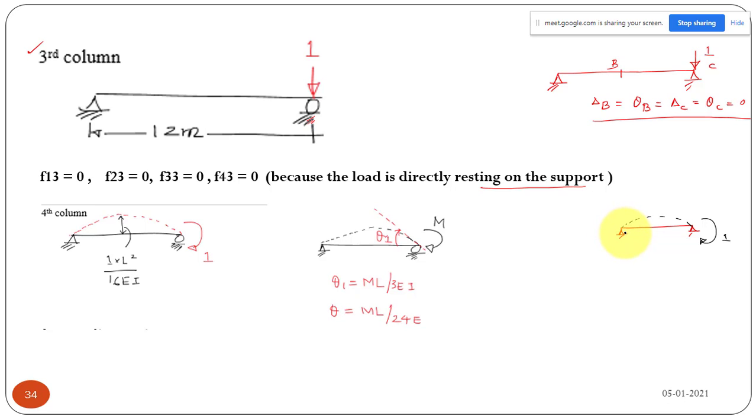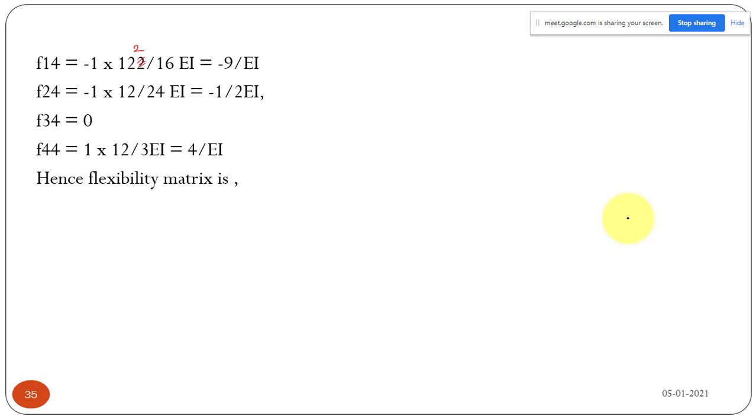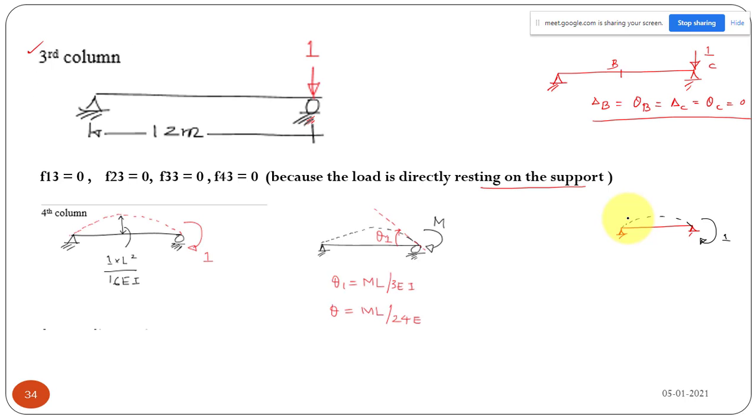Now, what is the deflection at the midspan?